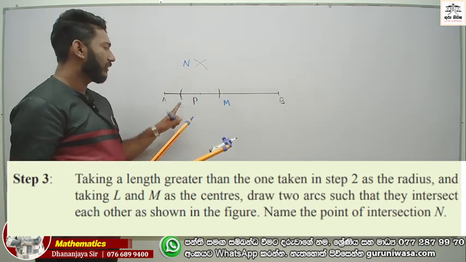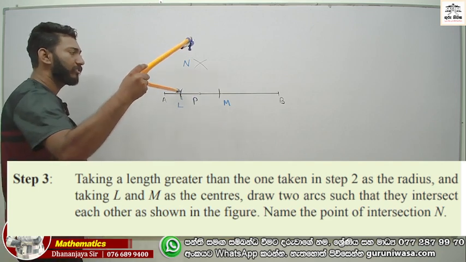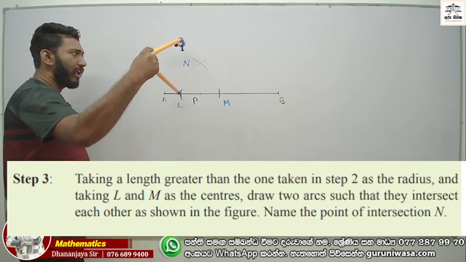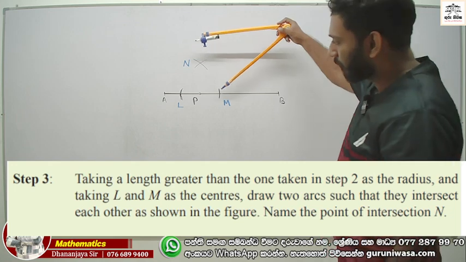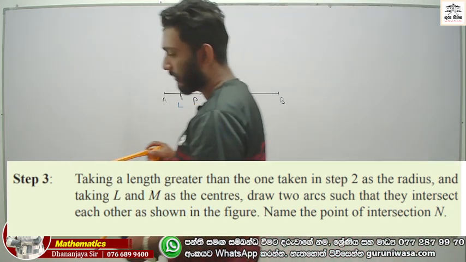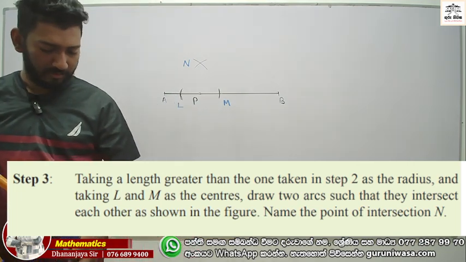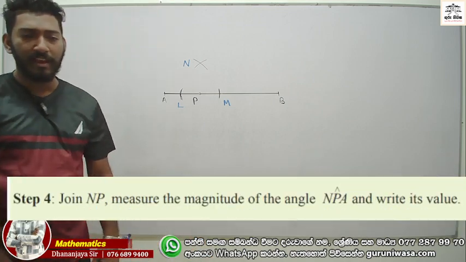Now use the centers L and M. Place your compass at L and draw the arc, and same thing, place it at M and draw the arc. And now this has an intersection point, right? Now join NP.